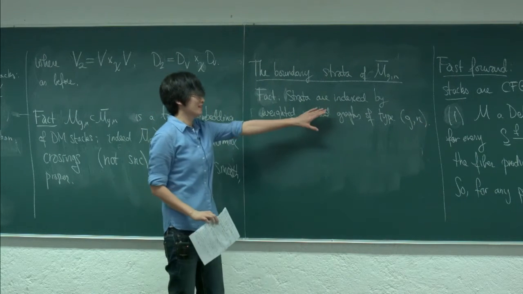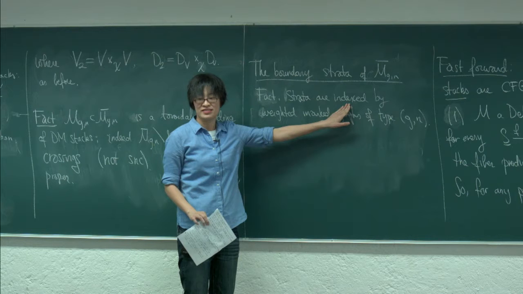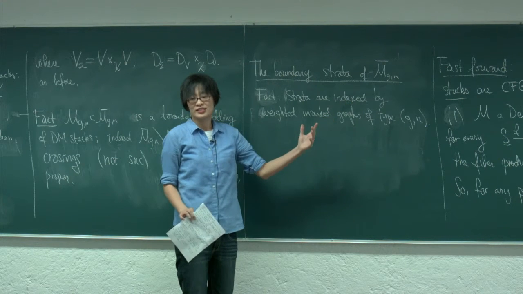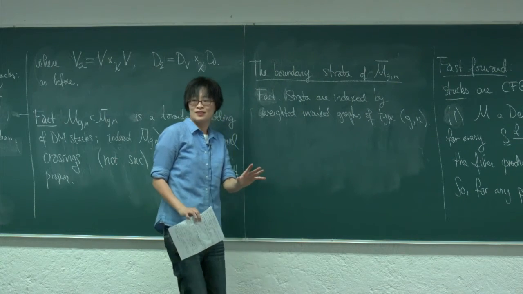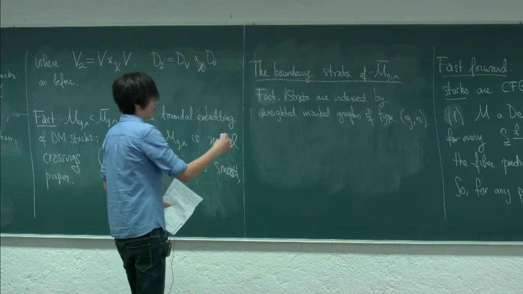And this is not some mysterious indexing. I just mean that the strata are moduli spaces for stable curves of a fixed dual graph. Is that okay? So let's describe them.